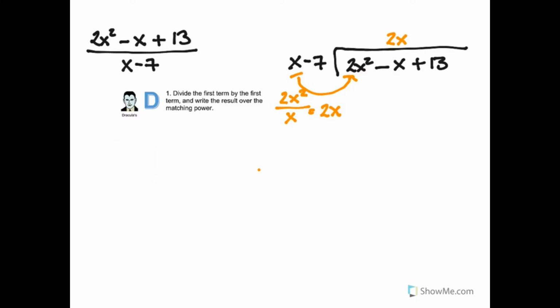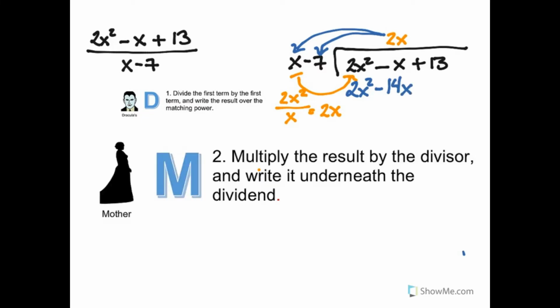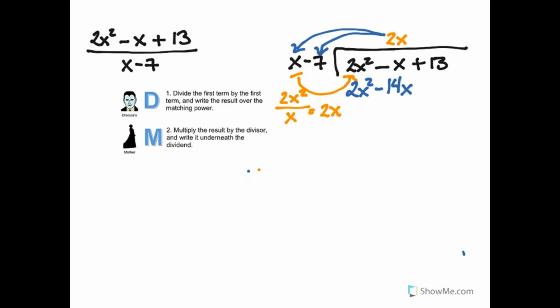My next step is to multiply that 2x back by both of the terms in the divisor. So 2x times x is 2x squared, and 2x times negative 7 is negative 14x. That's the multiply step. Multiply the result, this 2x, by the divisor and write it underneath the dividend.